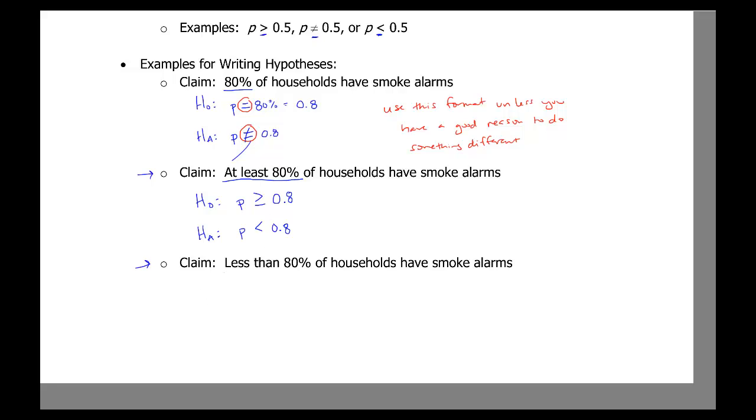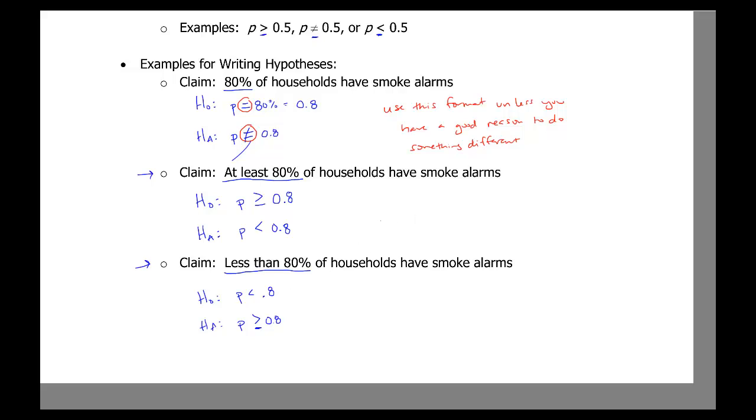And the second one says less than 80%. So in the null hypothesis, P is less than 0.8. The alternative hypothesis has to be the opposite direction, which would be greater than 0.8. And being equal to 0.8 has to fit somewhere. It can't go in the null hypothesis, so we have to put it in the alternative, greater than or equal to 0.8.